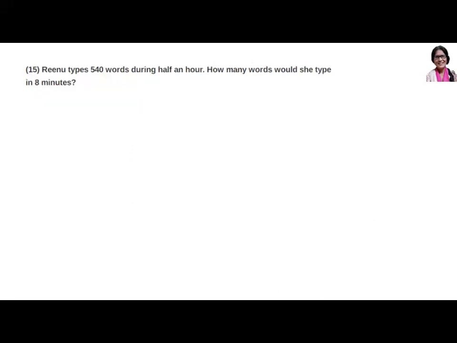Next, Renu types 540 words during half an hour. Within this time, she is typing 540 words in a computer. How many words should she type in 8 minutes? So this is the relation between time and number of words typed.